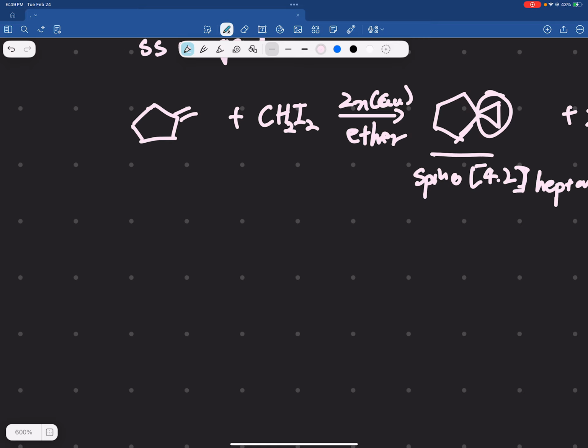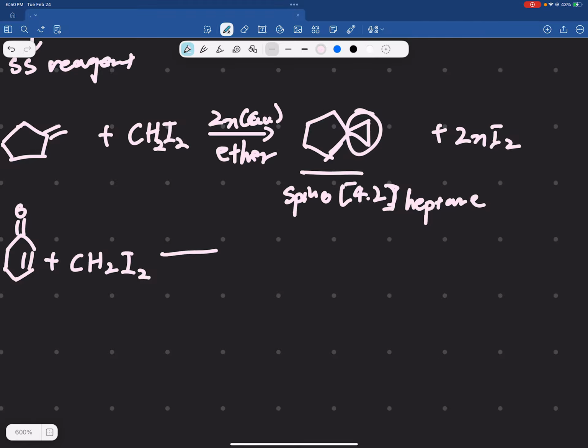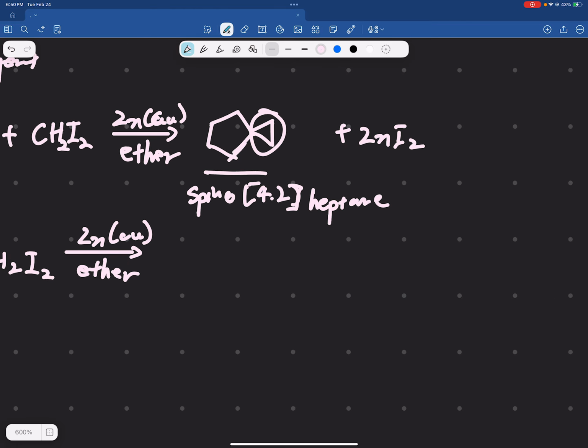If we have a compound that looks like this, for example, instead, with this Simmons-Smith reagent, it's going to form a compound that looks like this.